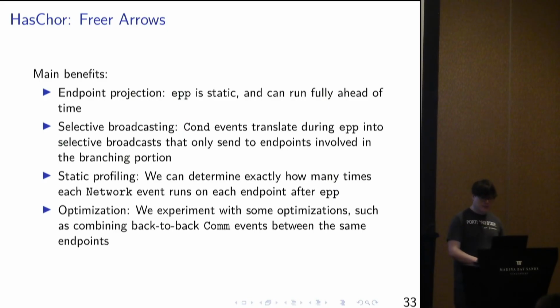We could also do some kinds of optimizations. We experimented with one where we take two sends that happen between the same two locations and combine them. So maybe in a setting where you wanted to reduce the number of times you communicate over the network, that would be potentially a useful optimization.